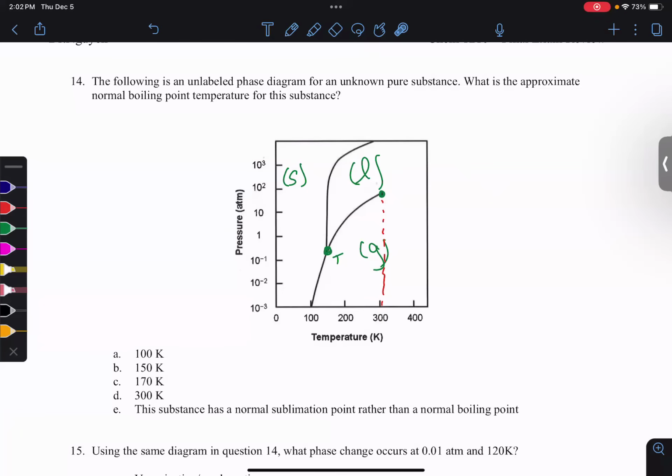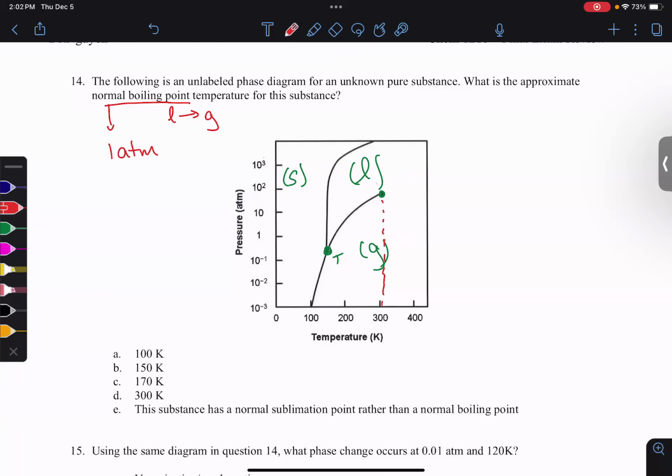All right, perfect. So that's what you need to know about this diagram. Anytime you move across any one of these boundaries, you have a phase change. All right, so what is the approximate normal boiling point temperature? What did we just say? What does normal mean? 1 ATM. Normal means Earth. So I'm asking you, at what temperature does our sample boil?